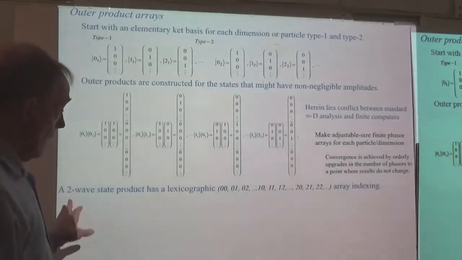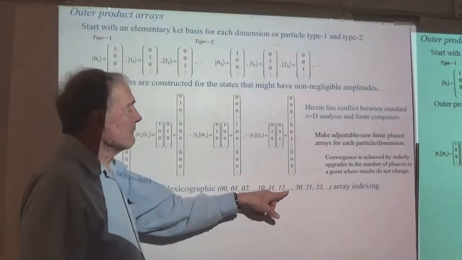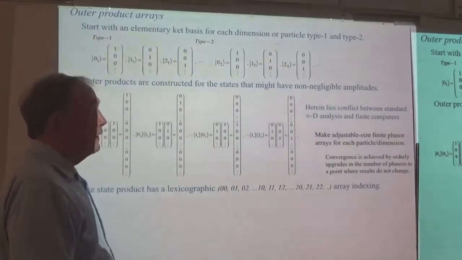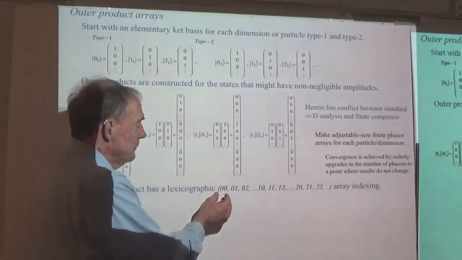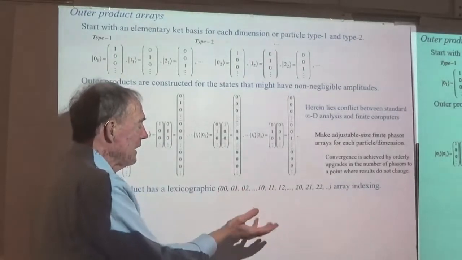So you see there's a lexicographic sort of numbering system. Array indexing is called. Not too different from what you have on an odometer in a car that counts hours.